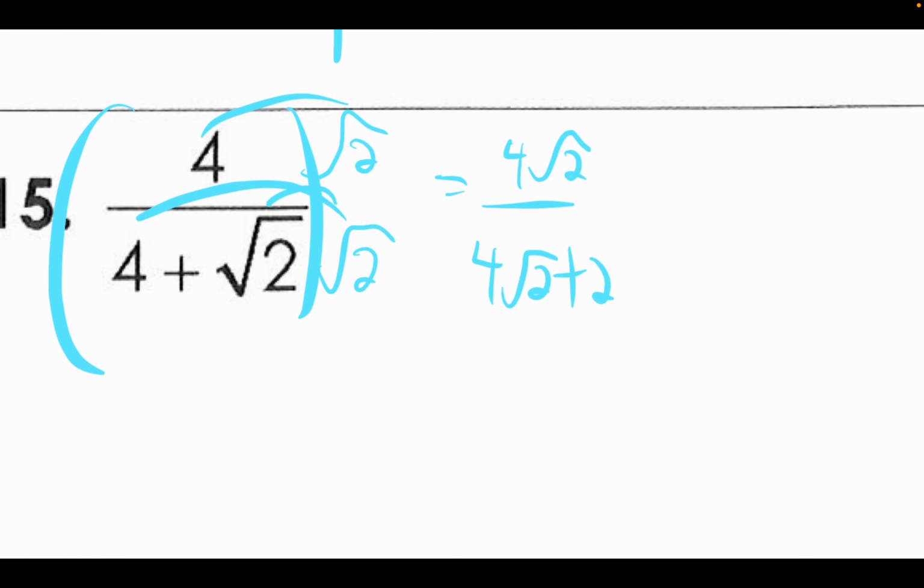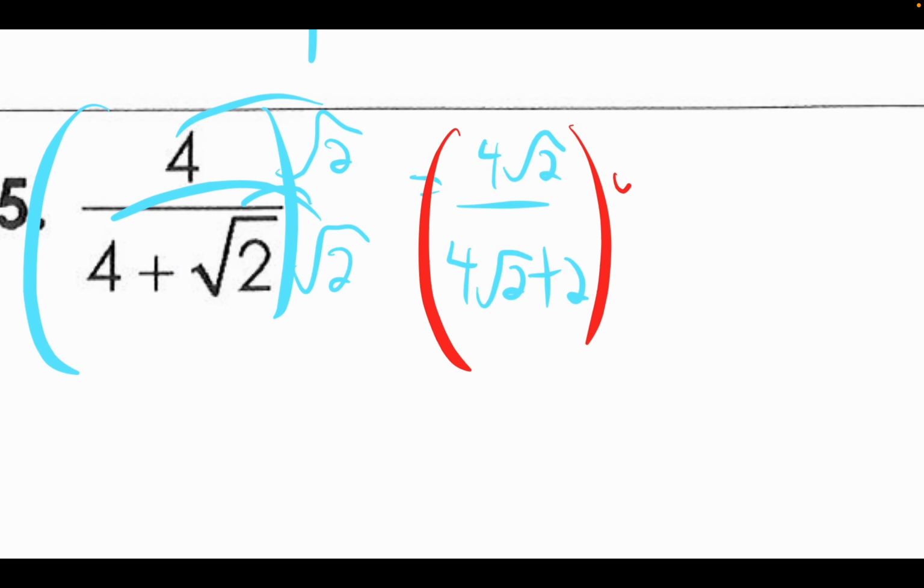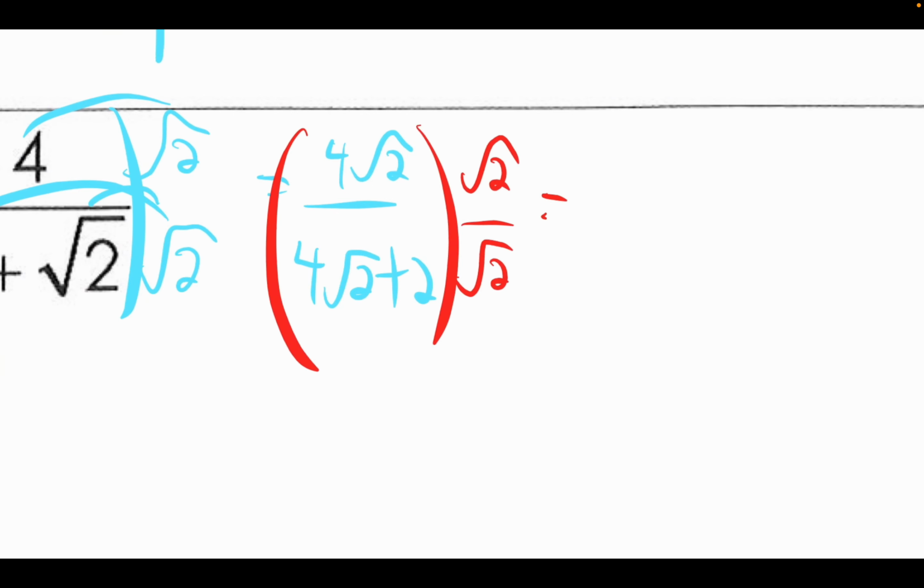Didn't help. Okay, well maybe you multiply by square root 2 again. Maybe this will help. So you multiply by it again. And you get 4 times 2 on the top, and that's 8. On the bottom you get 4 times 2, which is 8, plus 2 square root 2. And it's like, no, now I just have a radical on the second term again in the bottom. And we're back in the same boat with just bigger numbers that you would have to reduce.